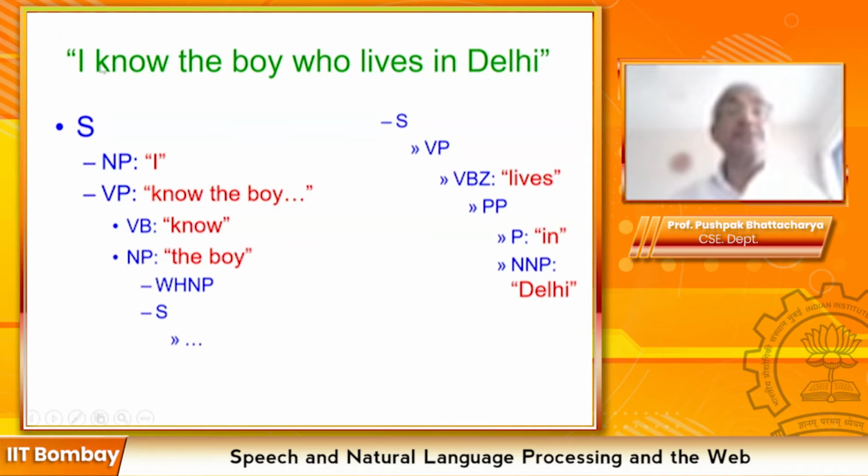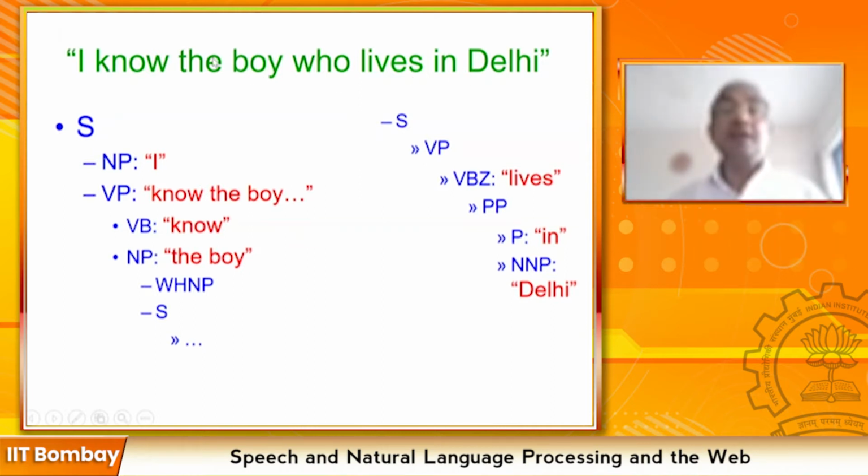Now compare this with a sentence, I know the boy who lives in Delhi. This also has a clause, who lives in Delhi. So the sentence S is NP VP. NP is I, VP is know the boy who lives in Delhi, where VP is know, and NP is the boy.